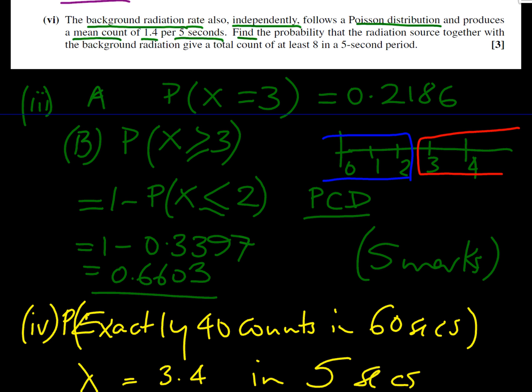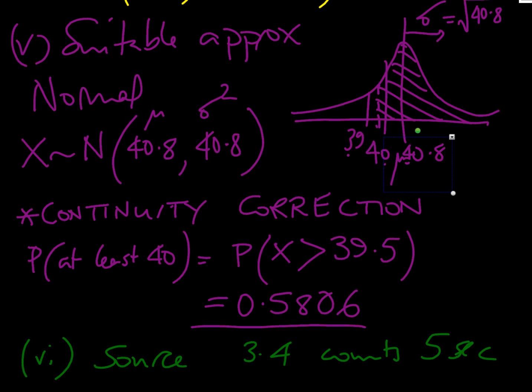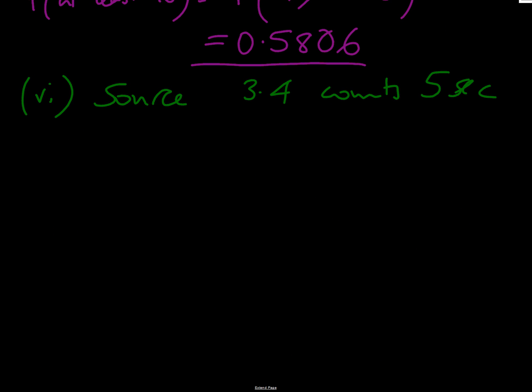What are they going to ask us to do? Find the probability that the radiation source together with the background gives a total count of at least 8 in the 5-second period.